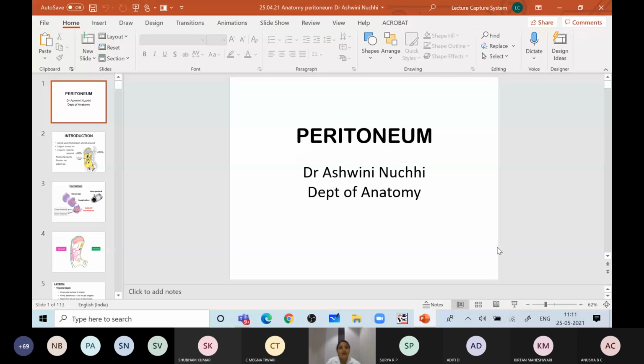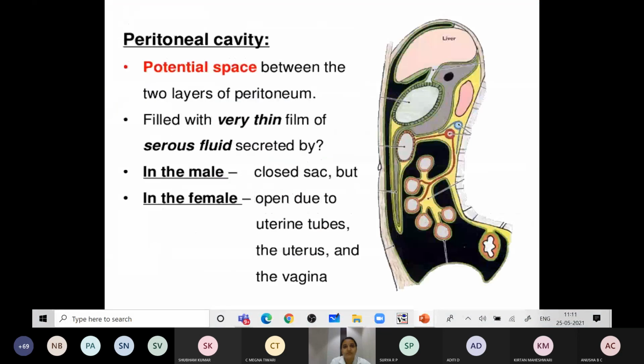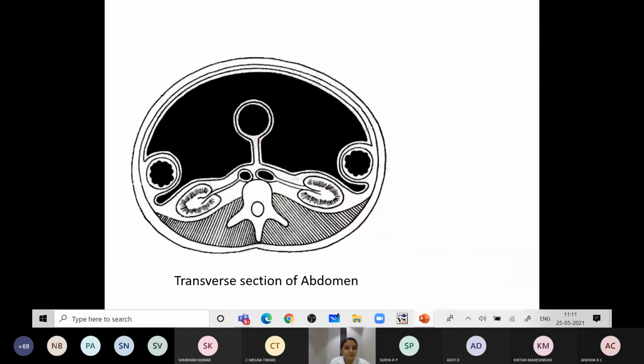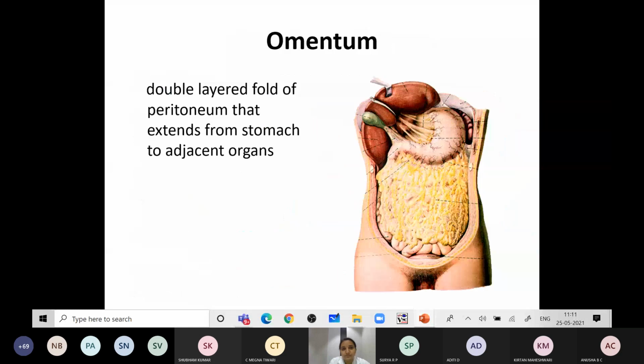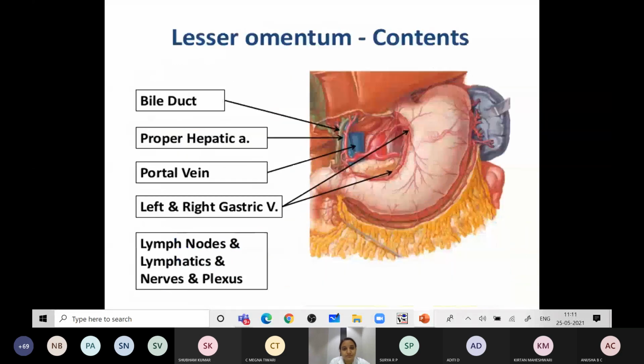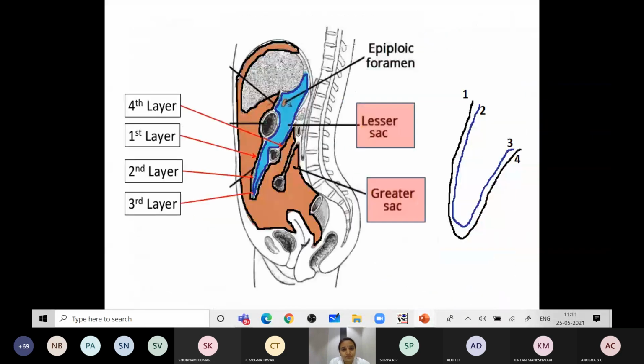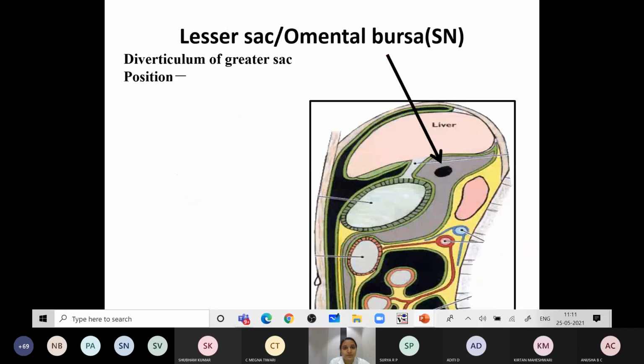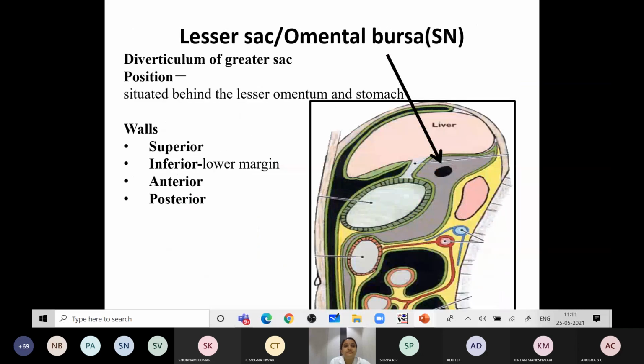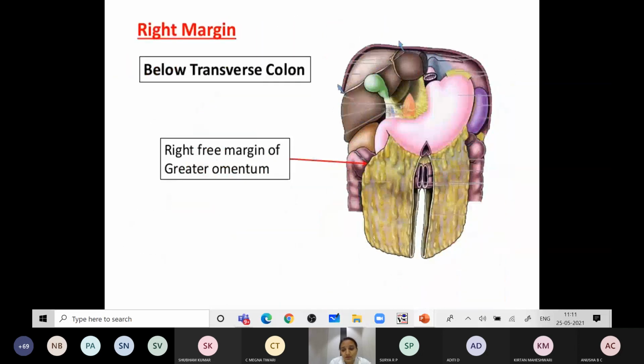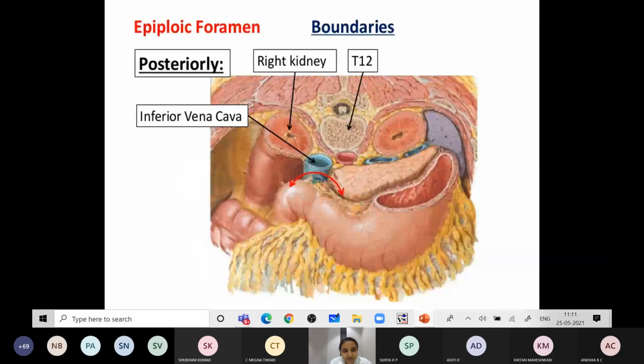Today I will teach you the next part of the peritoneum. Yesterday I finished the mesentery.